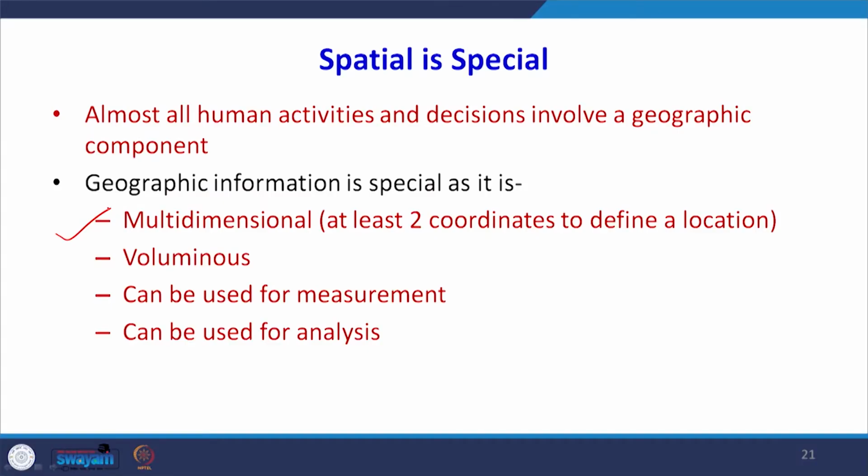At least a point is defined by its two coordinates. It is voluminous information. This information can be used for taking measurements. If I know the coordinates of 2 points, I can get the distance, for example. We can use it for analysis purposes. So a lot of analysis could be done with geographical information.